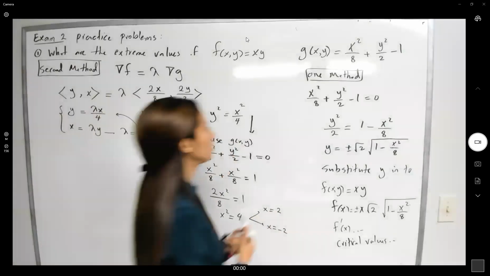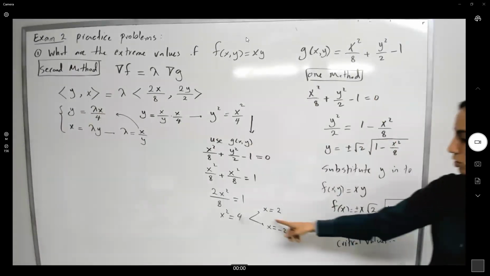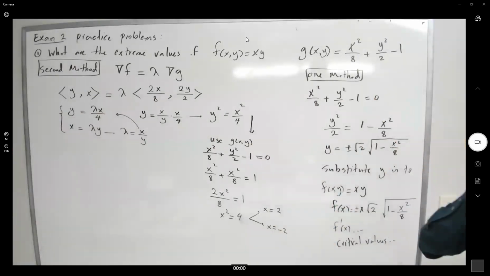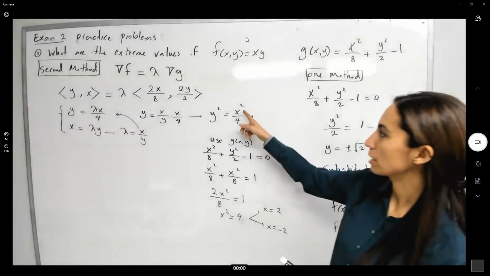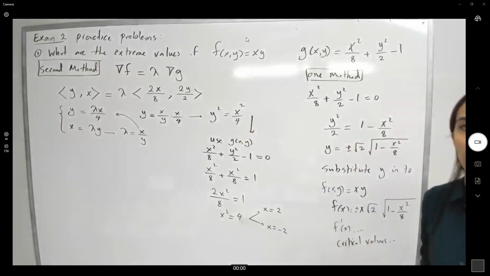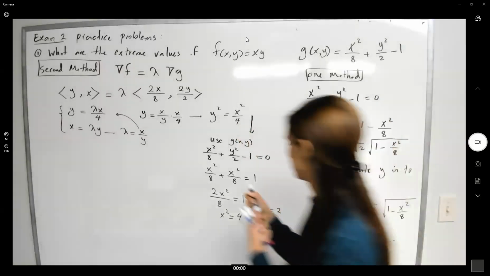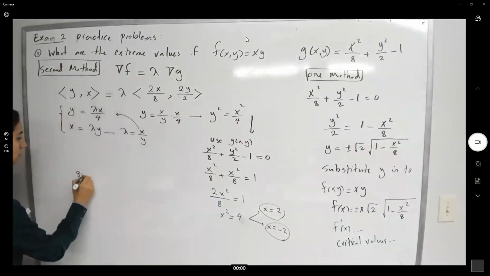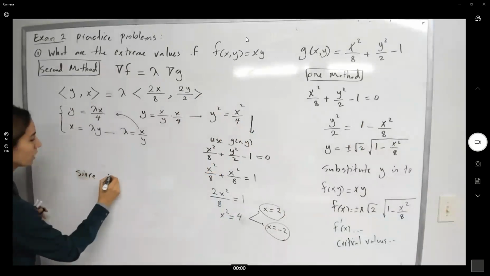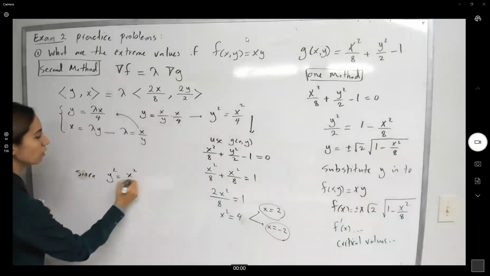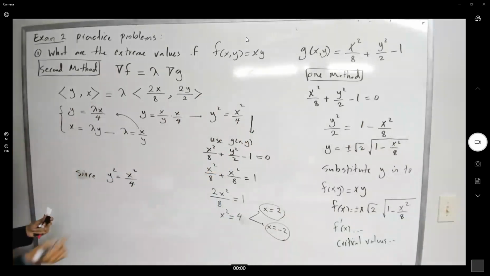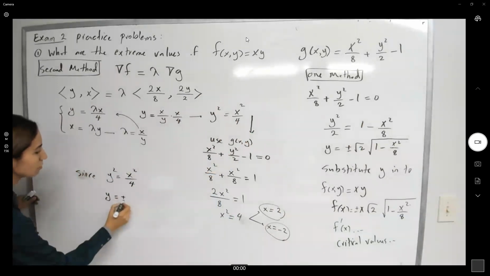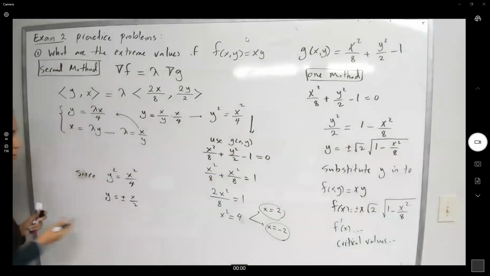What's the meaning of that? I can plug those in to find values for y. Since y squared is equal to x squared divided by 4, y is plus or minus x divided by 2.